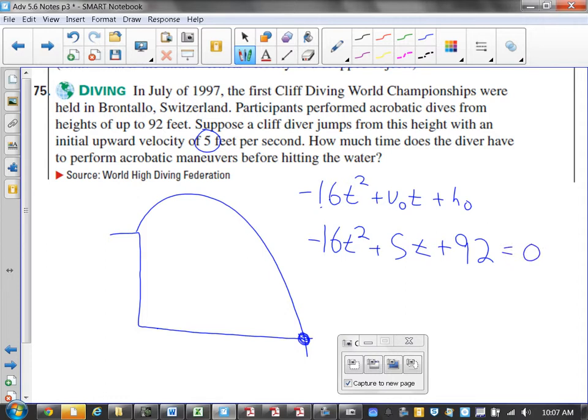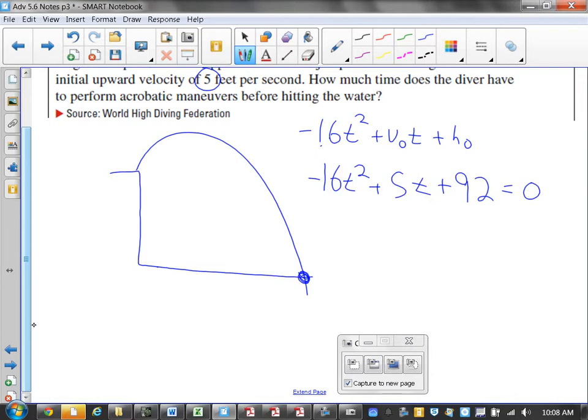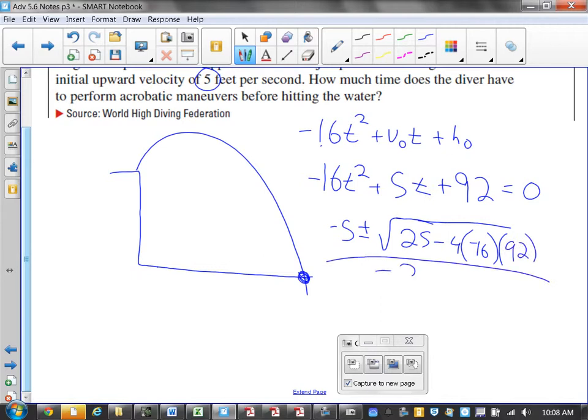In cases like this, quadratic formula is really fast to use. Or you can do the calculator zero. It should get the same value. I just use quadratic formula, opposite of b, plus or minus the square root of b squared minus 4 times a times c, all over 2a.